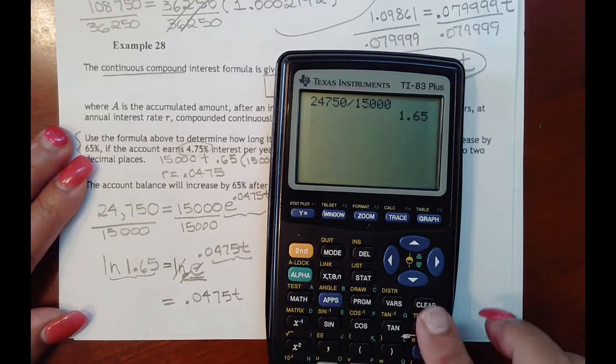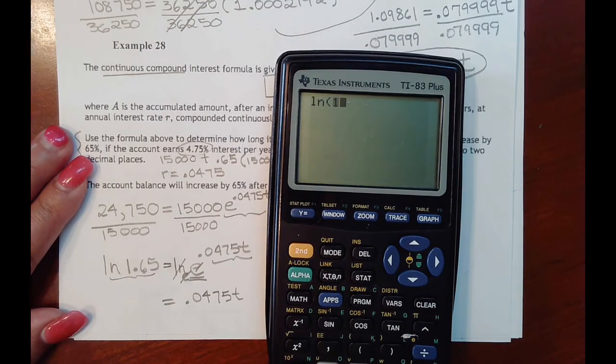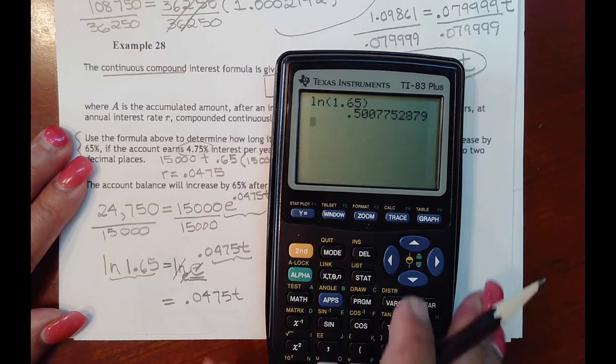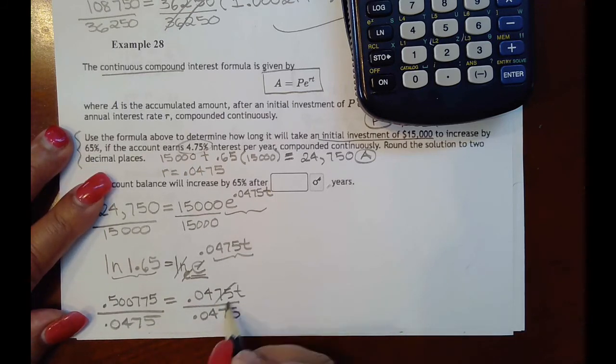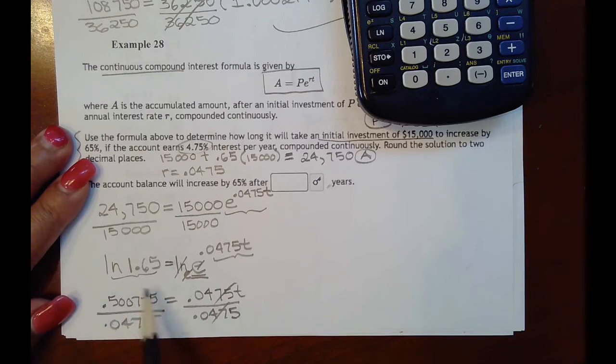And then this is just going to be a decimal. We're going to get that off the calculator. So ln of 1.65, and I'll just write this even though we're leaving the whole thing in the window. Just put that many decimals, then we're dividing this side by 0.0475 to isolate that t. Likewise right here, 0.0475. We actually have this in a more exact form.